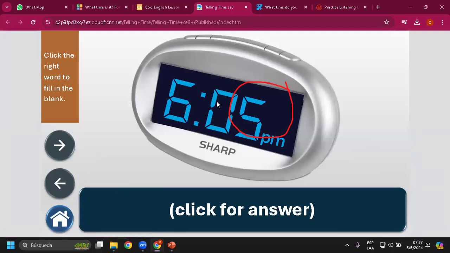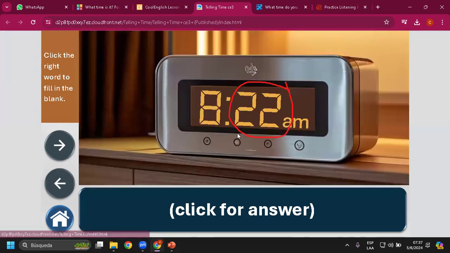Si yo tengo el 0, ese sí lo vamos a decir individual. O 5. Pero una vez que llegamos al 10, del 10 en adelante, ya no va a haber un 0. Por lo tanto, la cifra siempre se va a decir como una sola. 22. Exactly. En este caso sería 22. So, 22. Again, what time is it here? 8:22. That's it. Very good.